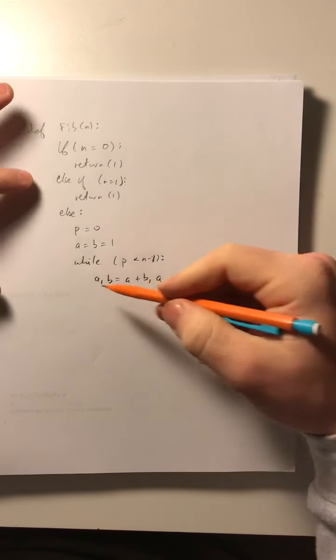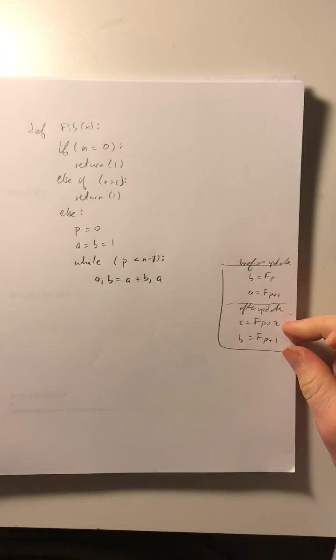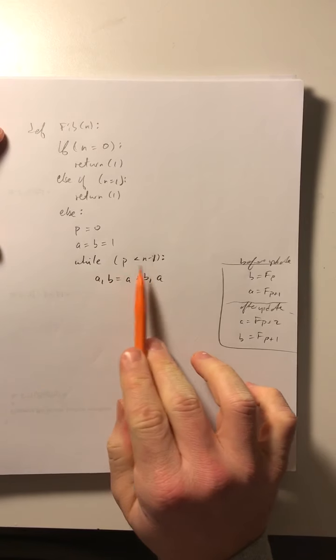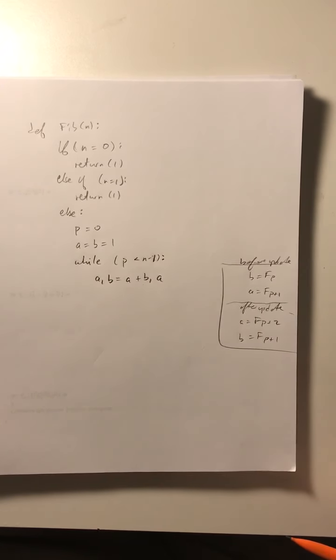Every time this iterates, my a and b values go from these two Fibonacci numbers to the next two. And when I iterate the correct number of times, a is going to be the one that I want.